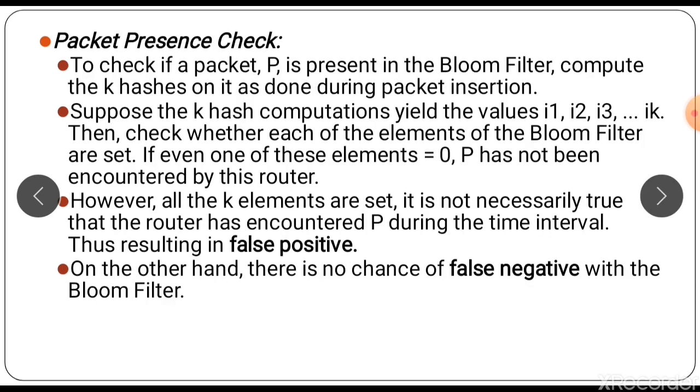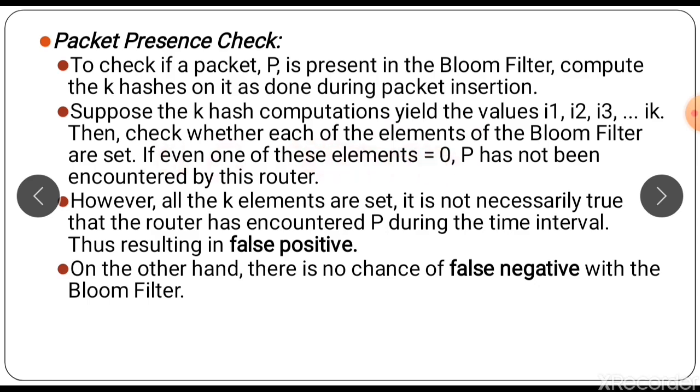The next one is packet presence check. To check if a packet P is present in the Bloom filter, compute k hashes on it as done during the packet insertion. Suppose the k hash functions yield I1, I2 up to Ik, then check whether each of the elements of the Bloom filter is set.